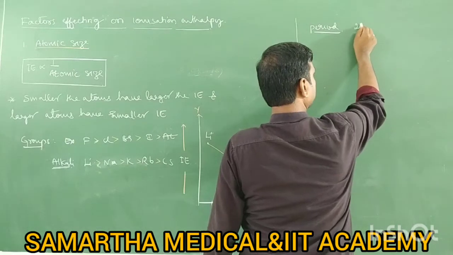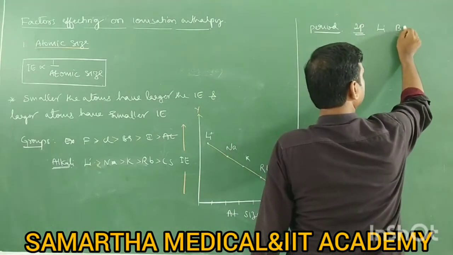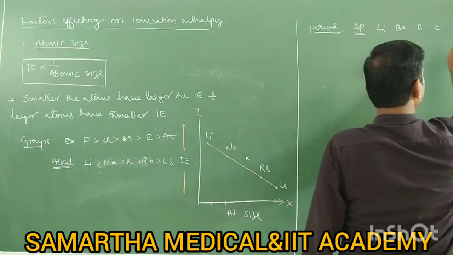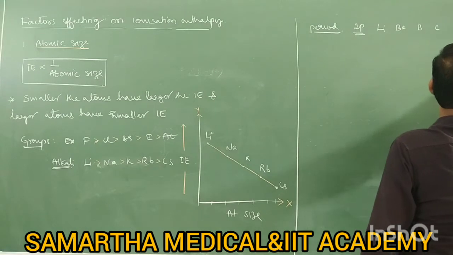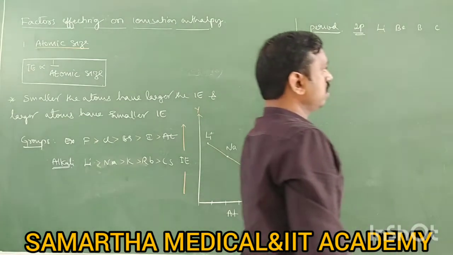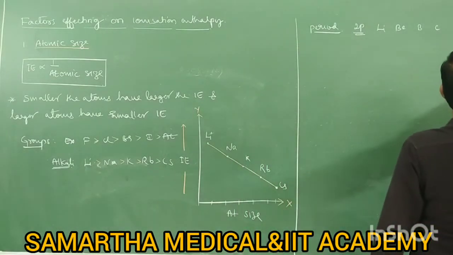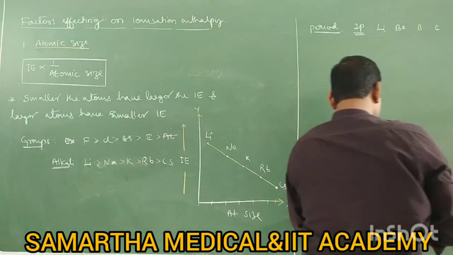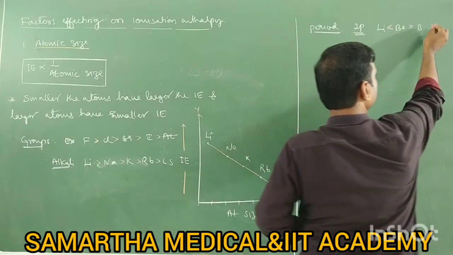Tell me, for second period elements: lithium, beryllium, boron, carbon, nitrogen, oxygen, fluorine. Take till fluorine; of course you can take neon also. Tell me the order. Just now we have studied this.